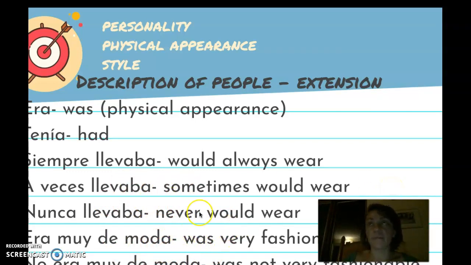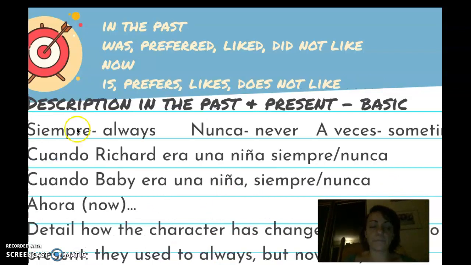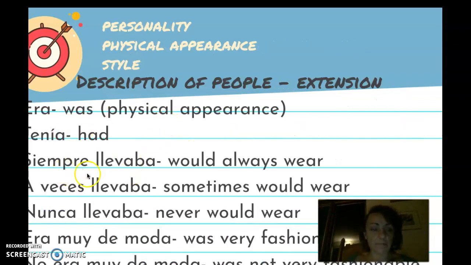That would be from episode 2. Siempre, nunca, a veces. Always, never, sometimes. I just like to incorporate this. I did it in the last slide, you'll see. Always wore, sometimes wore, never wore.